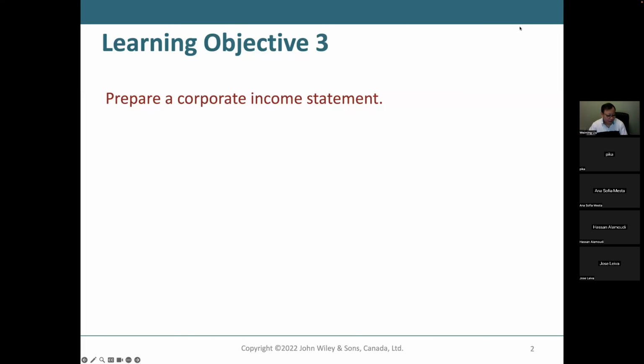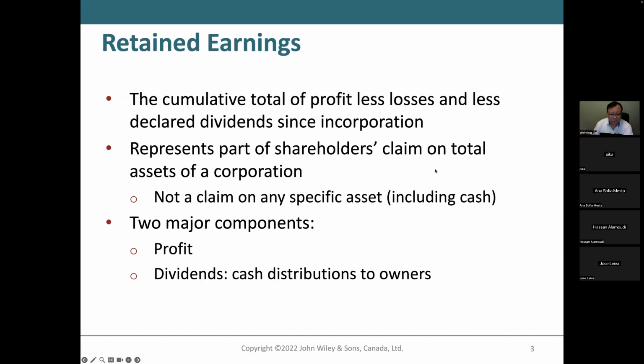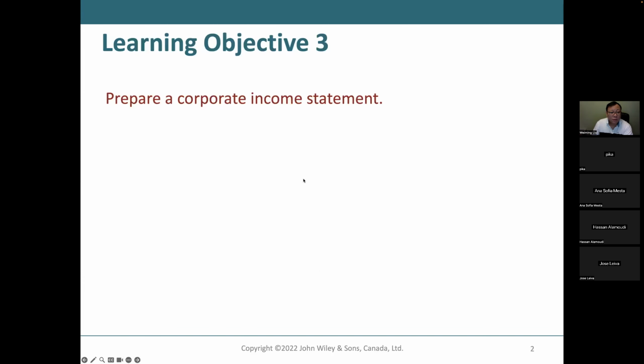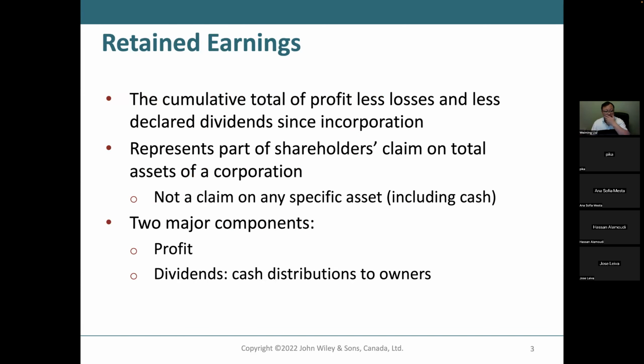We are doing the third learning objective, prepare a corporate income statement. So retained earnings, okay?